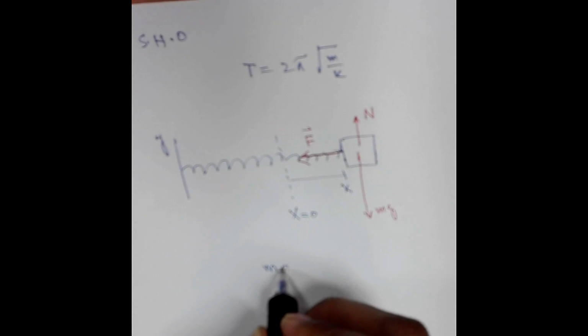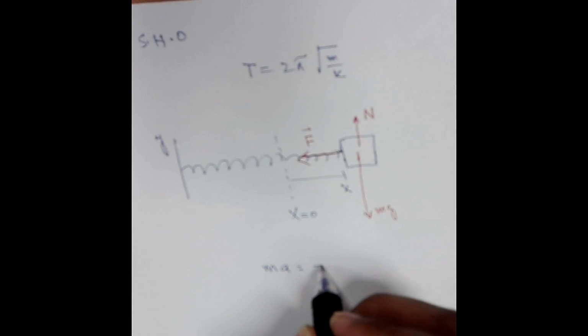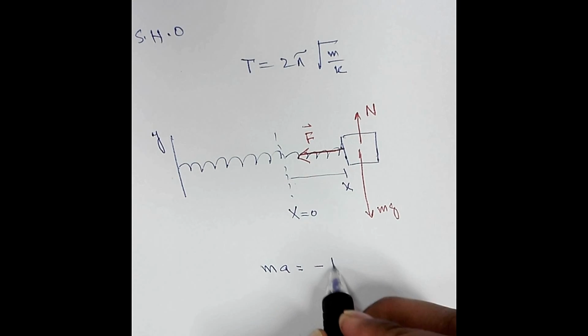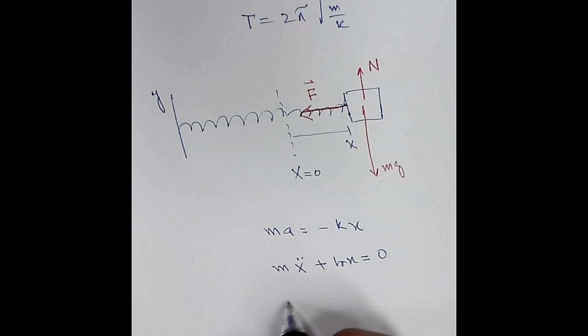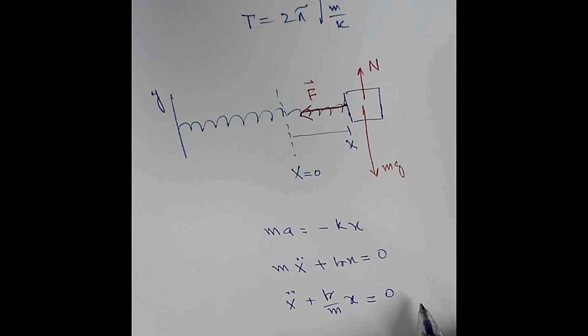So here using Newton's second law of motion, ma is equal to minus kx. In other words, mx double dot plus kx is equal to 0, or x double dot plus k over m x is equal to 0.